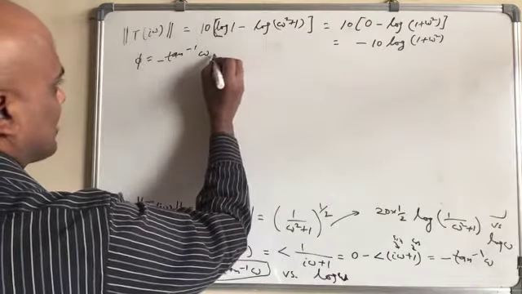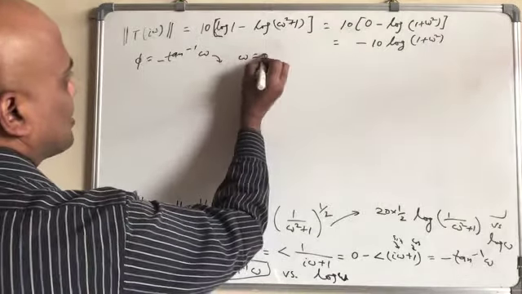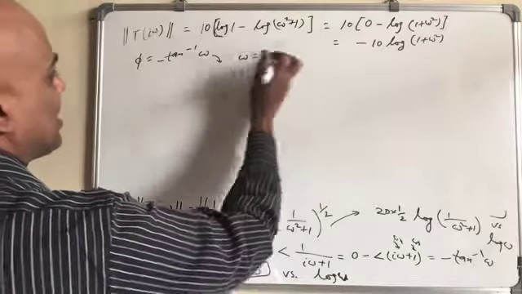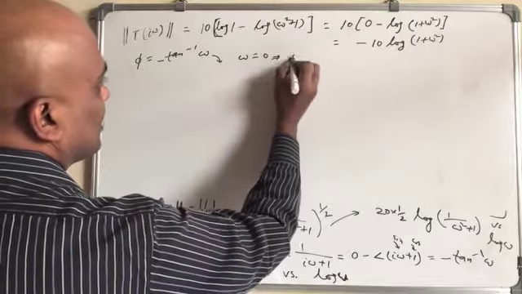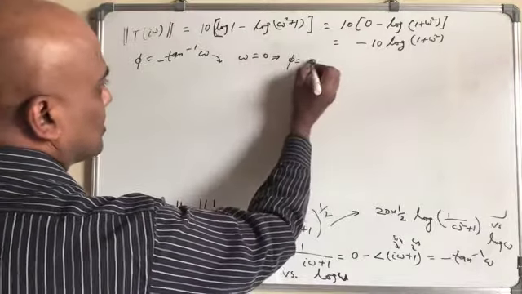And we know that when omega equal to 0, then we have phi equal to simply 0.